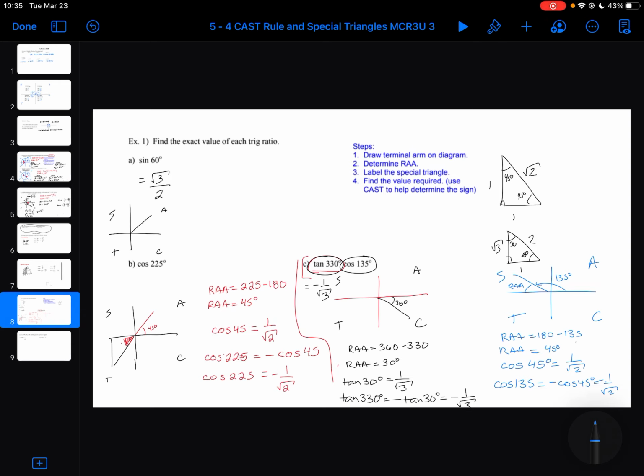So now I've got my second value that I'm going to put in here, negative 1 over root 2. Then I can multiply those values together, so I get 1 over root 6. Rationalizing that is going to give me root 6 over 6.